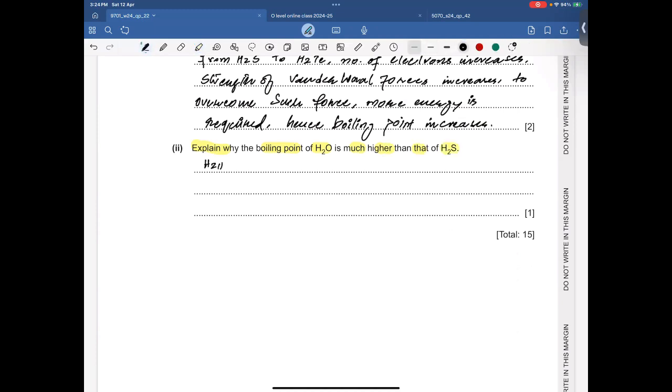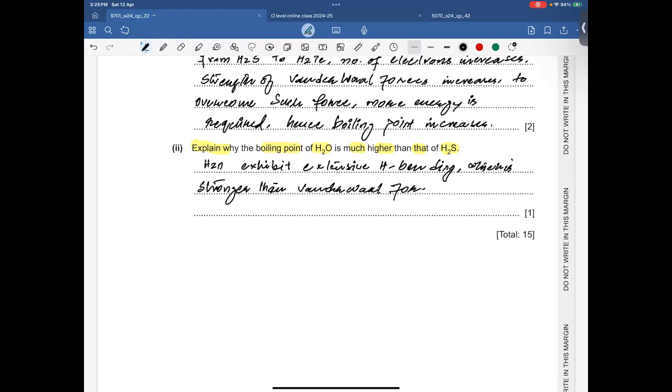Water exhibits extensive hydrogen bonding, which is stronger than van der Waals forces of H2S.